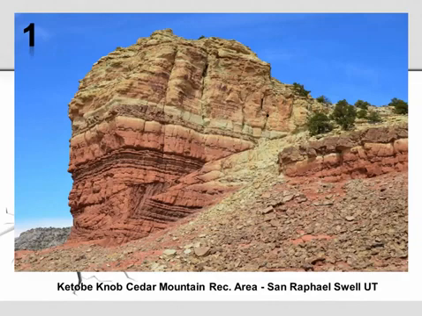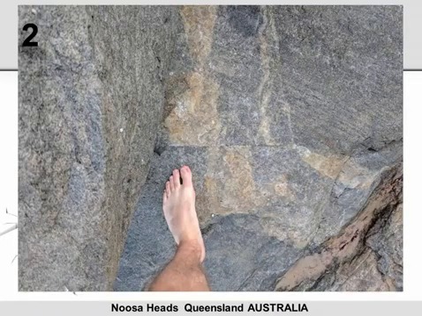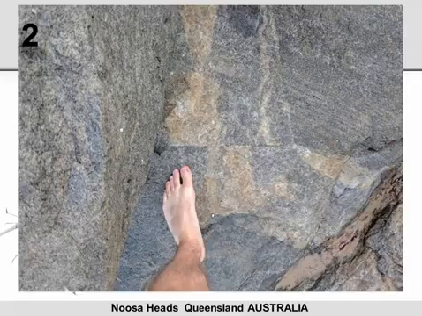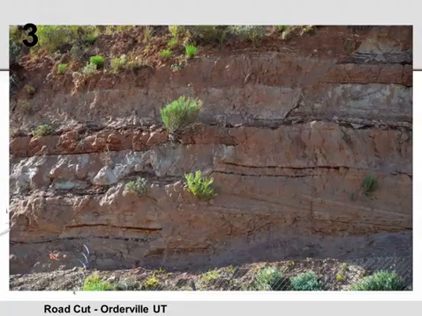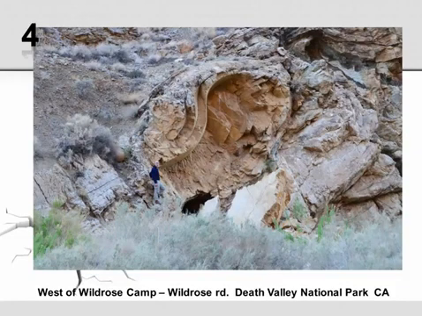Number 1 is Katobe Knob, located in the Cedar Mountain Recreation Area in the San Rafael Swell in Utah. Number 2 is a rock structure that I found at Noosa Heads in Queensland, Australia. Number 3, a road cut near Orderville, Utah. Number 4, rock layers west of Wild Rose Campground on Wild Rose Road in Death Valley National Park.